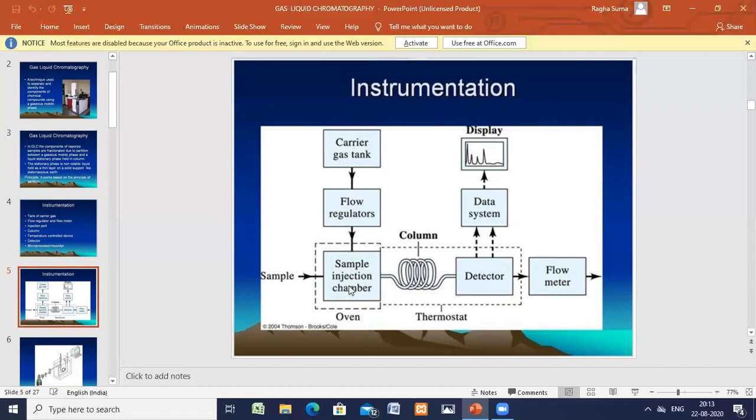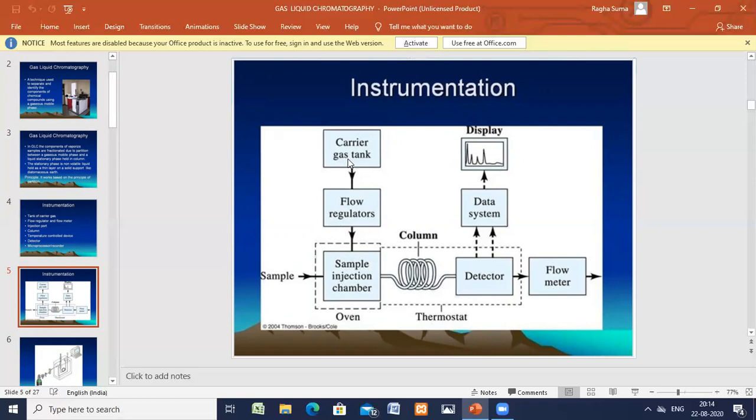After detection, the gas goes out through the flow meter, and whatever is detected, the data system will receive, and thereby the display system.